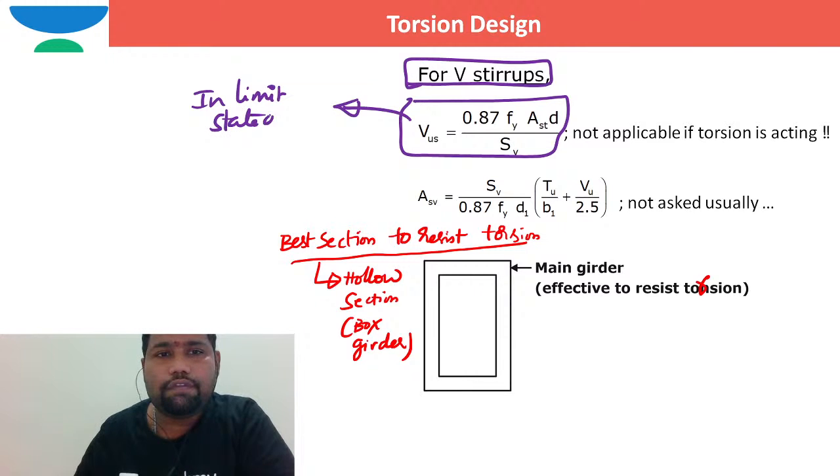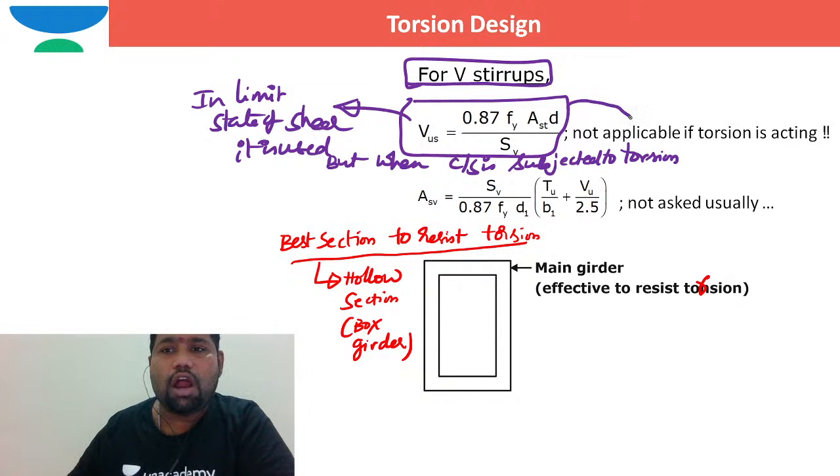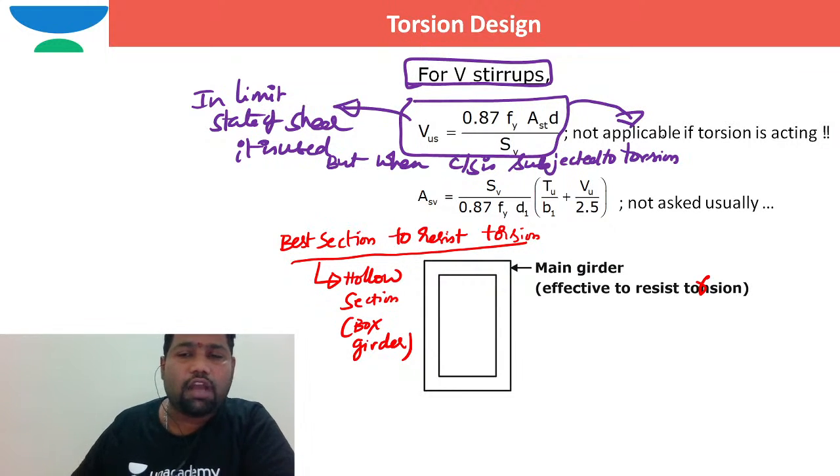But when the cross section is subjected to torsion, this formula is not applicable if torsion is acting.